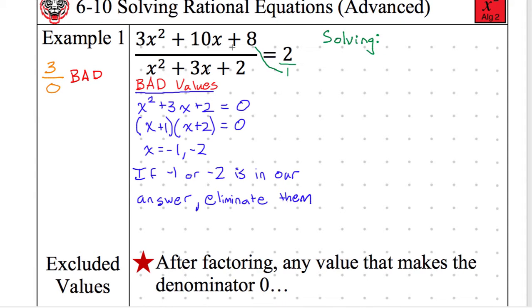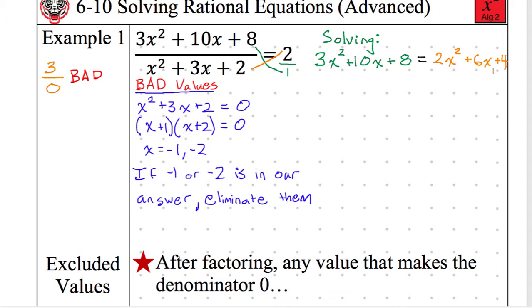Chris, you want to do it? Easy peasy. This thing times 1. Just the same thing, exactly. 3x squared plus 10x plus 8. And that's going to be equal to, we're going to cross multiply this other direction. You want to do that one also, Chris? 2x squared, yep, plus 6x plus 4. Nice, nice.